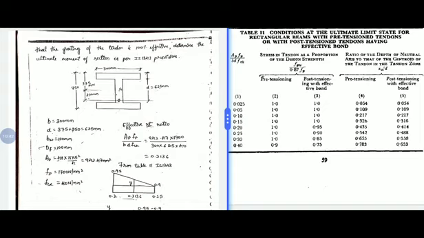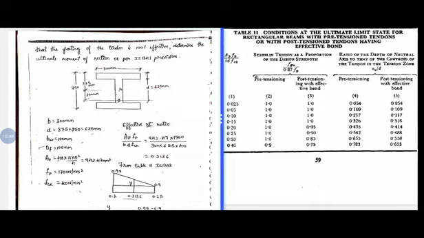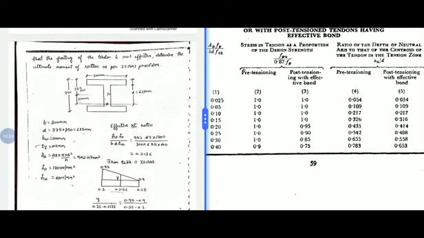So here you need to refer to post-tension with effective bonding, that is column number 3. Refer to column number 1 for the value 0.2136. It lies between 0.2 and 0.25. For 0.2 you have 0.95 and for 0.25 it is 0.9.